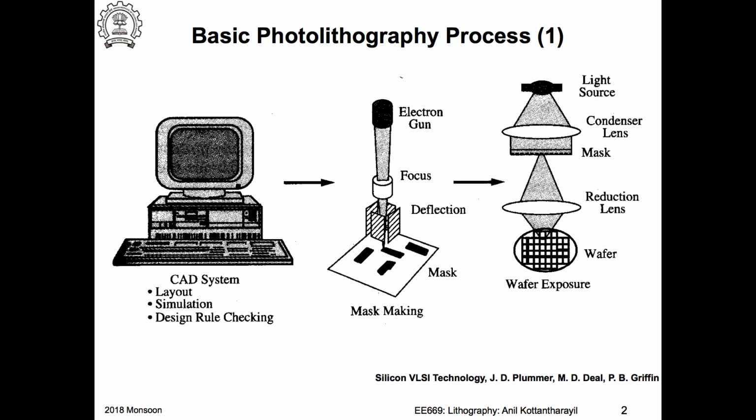This resist is a chemical, a mixture, and depending on whether I use an electron beam or light, this chemical would be sensitive to the electron beam or to photons.